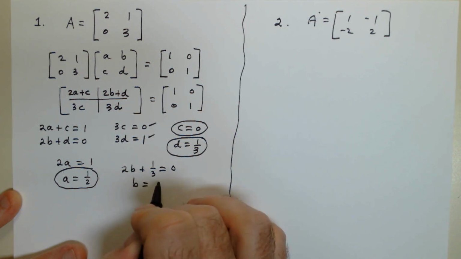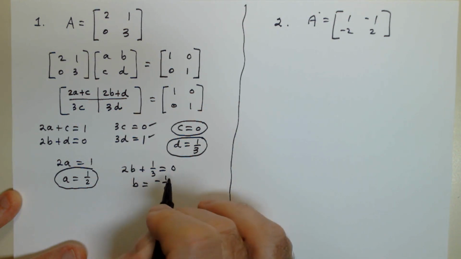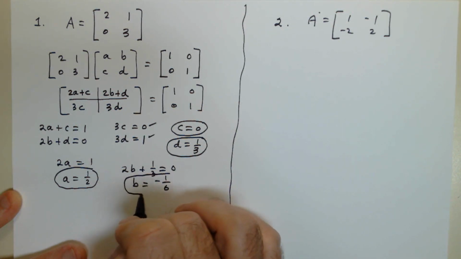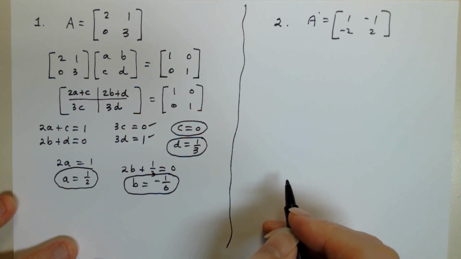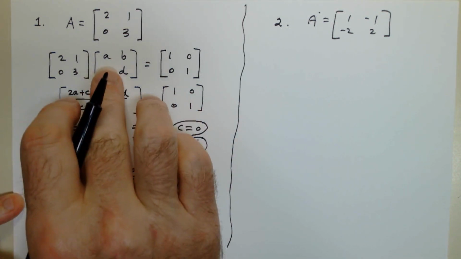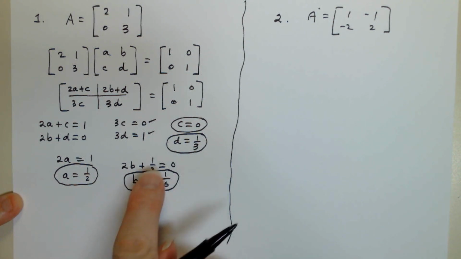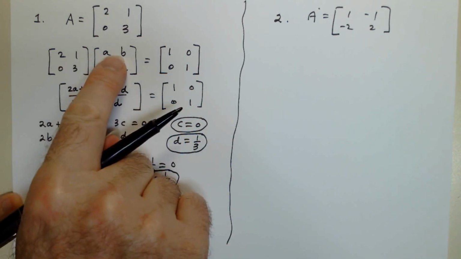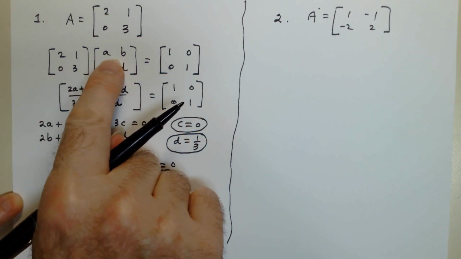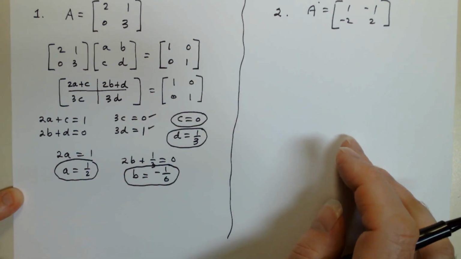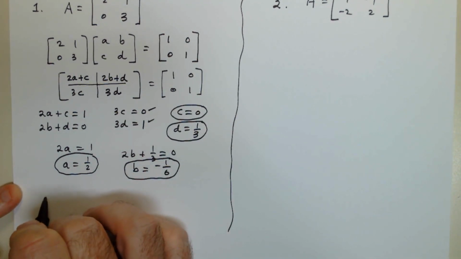So B is going to be a negative 1/6. So it looks like by choosing the entries A, B, C, and D thusly, I get a matrix that multiplies on the left and produces the identity. So that's my candidate. I'm going to call that matrix A prime.